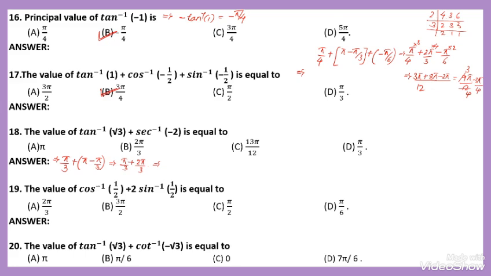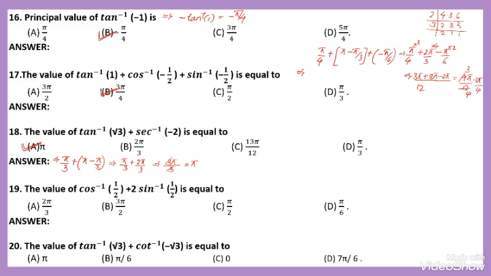Now, the bases are same, so I can take 3 pi plus 2 pi. That is 3 pi. 3 3s get cancelled. You will get the value pi. The option number 1 is correct. The value of tan inverse of root 3 plus sec inverse of minus 2 is pi.